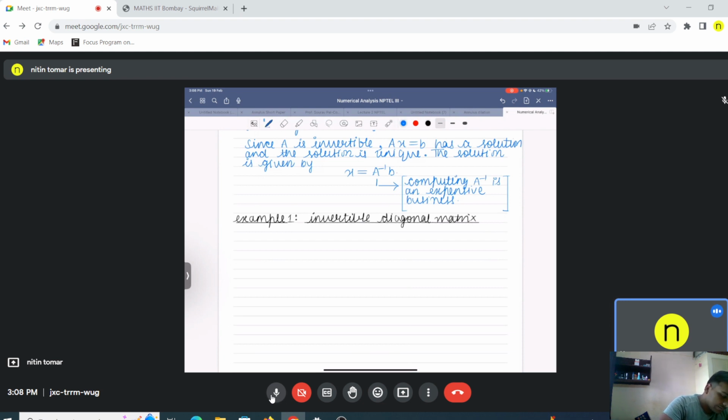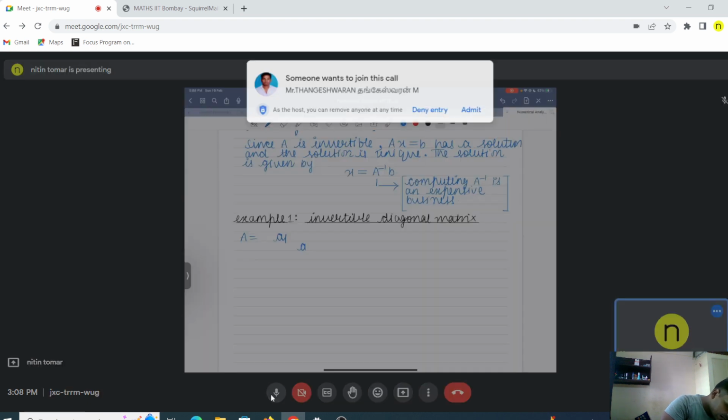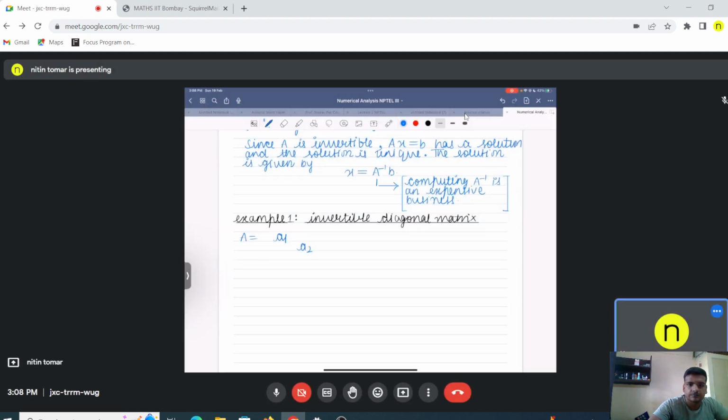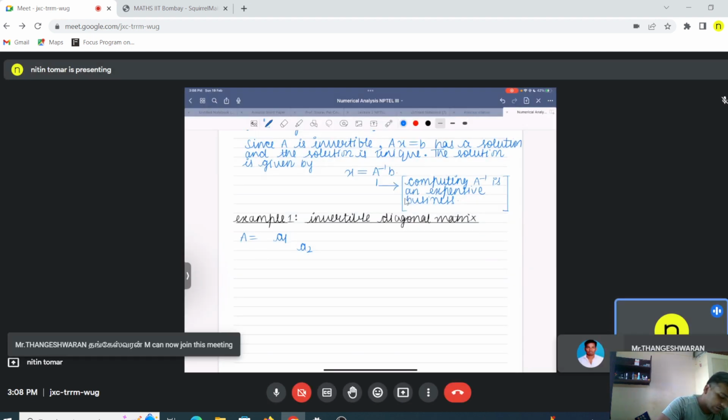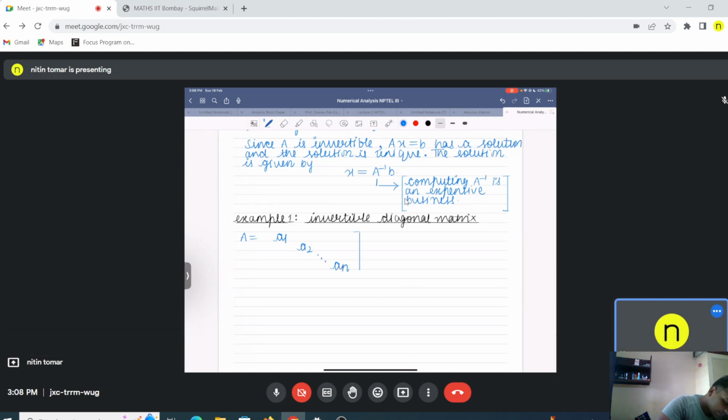So for example, if you have your A, now A is fixed, okay? If you have your A as a1, a2, up to an on the diagonal, and everywhere else this is 0.